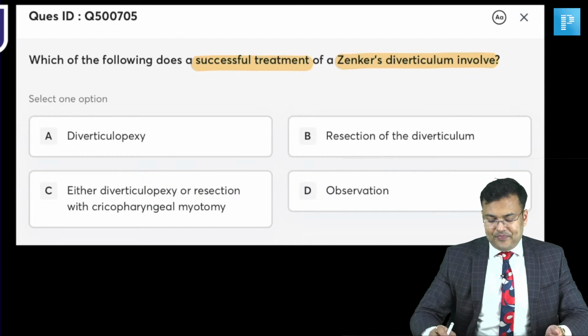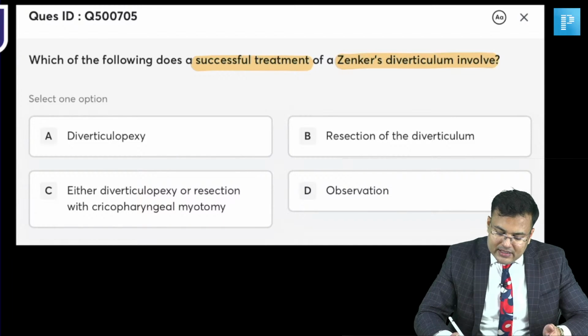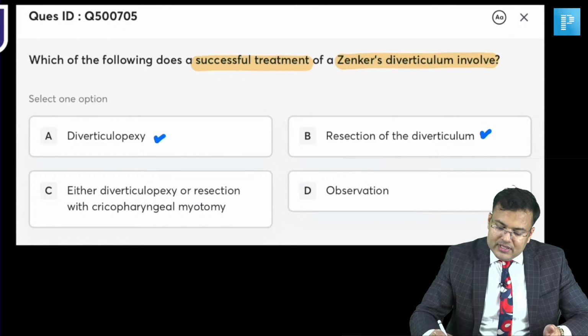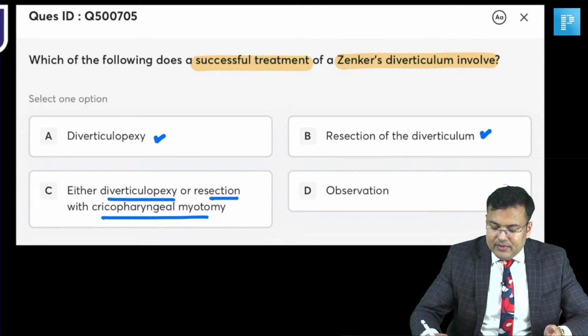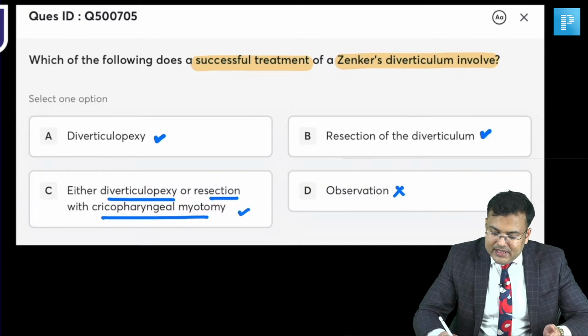Okay guys, see, it's easy. First, diverticulopexy. In some patients we go for diverticulopexy. Resection of diverticulum, yes, we go for resection of diverticulum also. Now see option C: either diverticulopexy or resection with cricopharyngeal myotomy. Observation? No. So A, B, C are all correct.